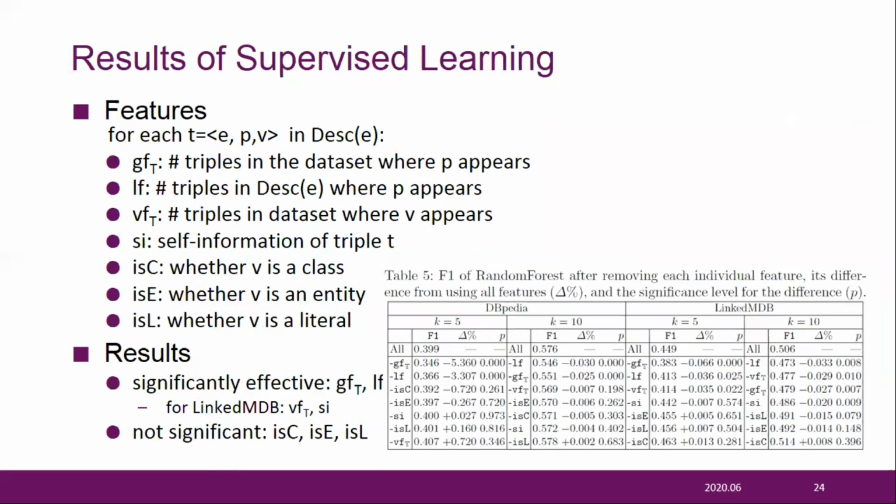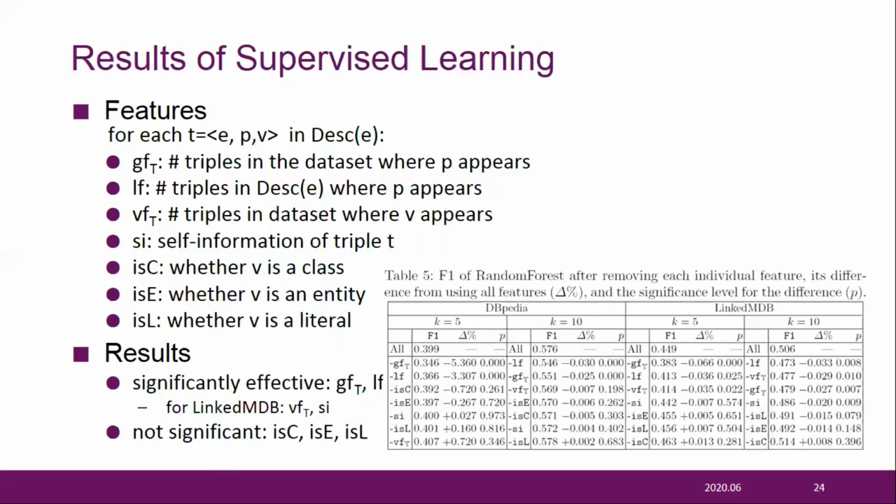Furthermore, we are interested in how much the 7 features contribute to the good performance of supervised learning. For a triple T in the anti-description with property P and value V, the 7 features are: GFT means global frequency of property. It's the number of triples in the dataset where the property P appears.